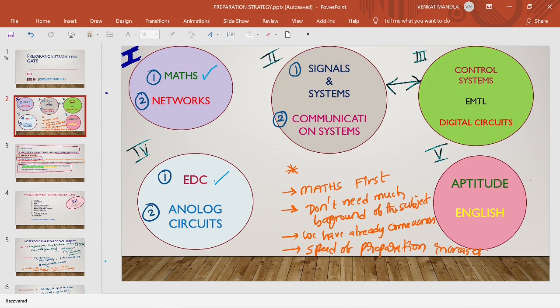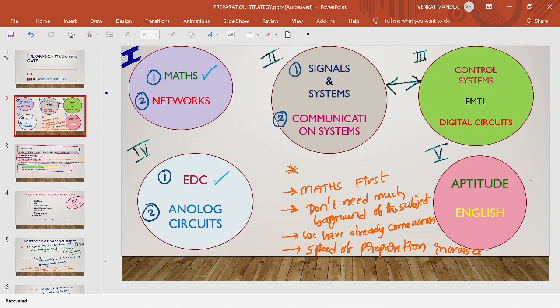One more advantage if you start maths first is the speed. The speed of preparation will definitely increase, because if you start maths, you will get a flow.